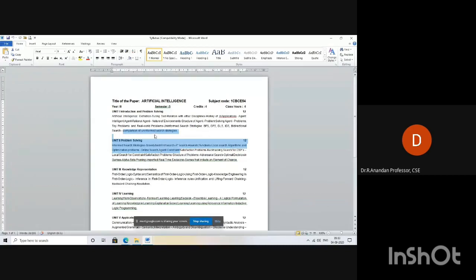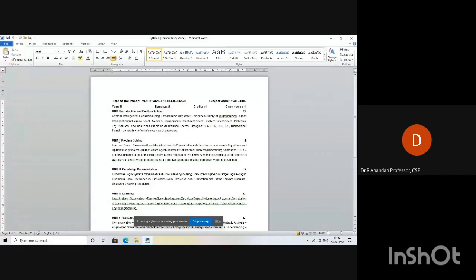Point number one, uninformed search is known as brute force search, or it may be called blind search. Informed search is known as heuristic search. Uninformed search does not have any prior information. Informed search has prior knowledge about the search. Number three, optimization of uninformed search is maximum. Optimization in informed search is minimum.